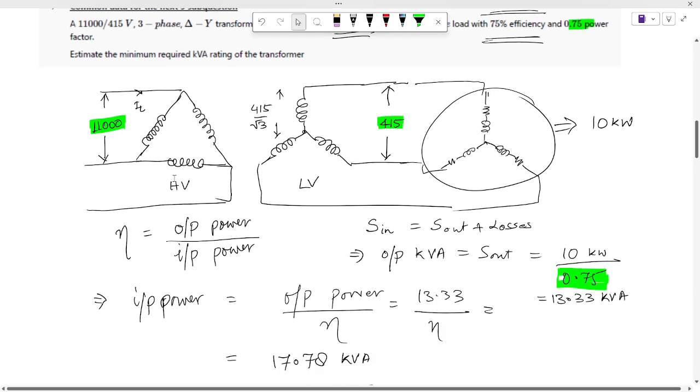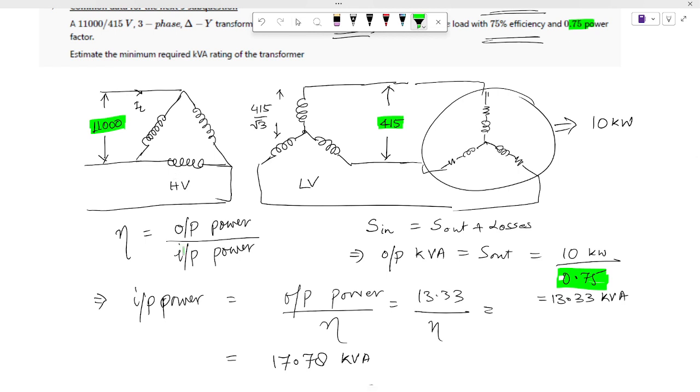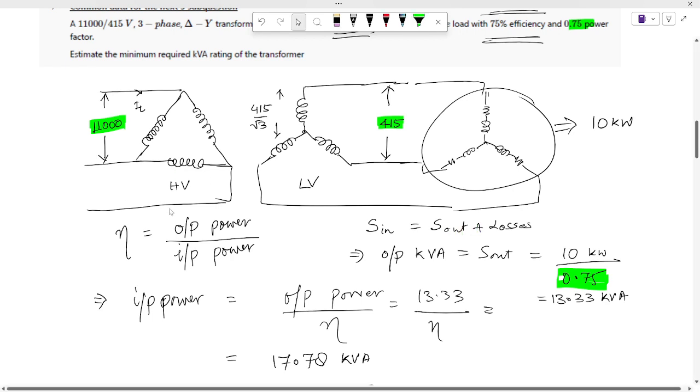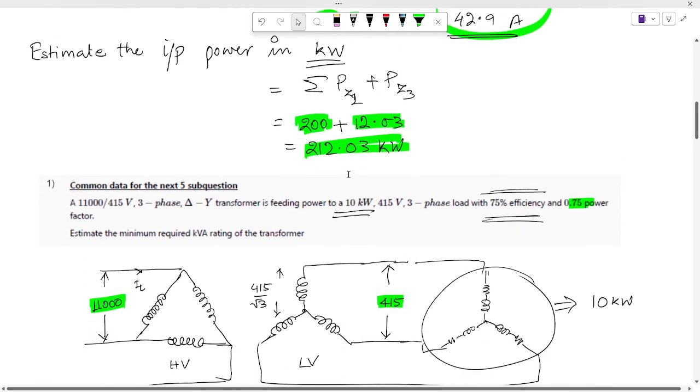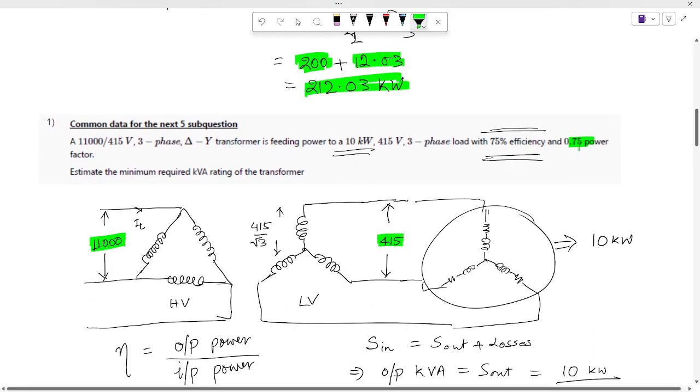Since efficiency is output power by input power, S input is output kVA plus losses. So how will you calculate the output kVA? The power factor is 0.75 as mentioned.